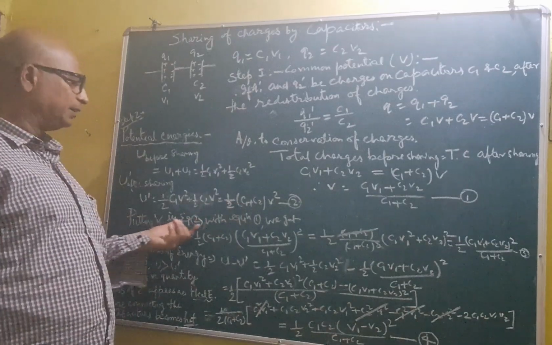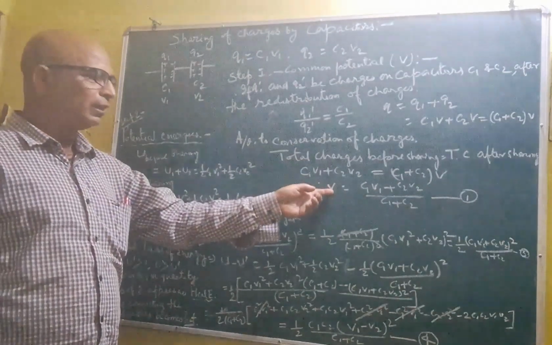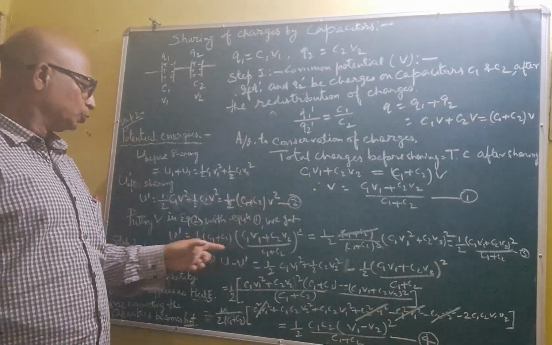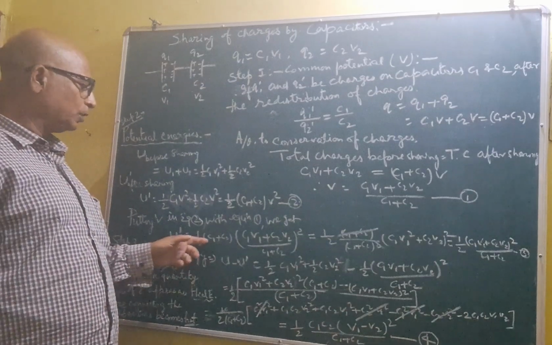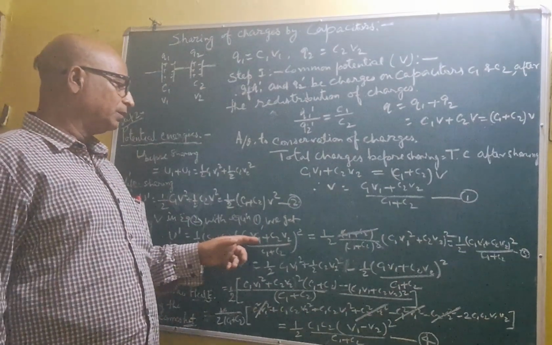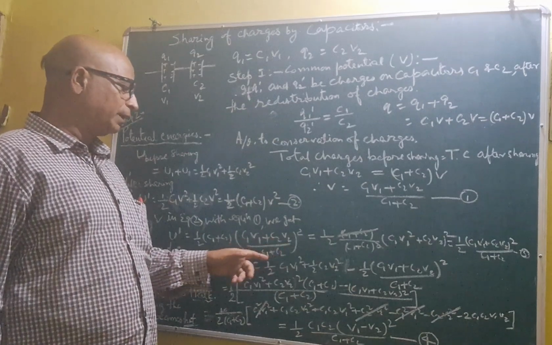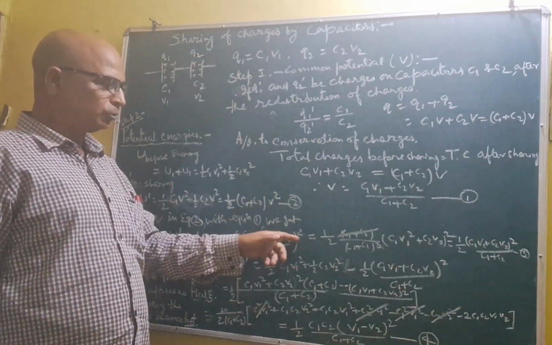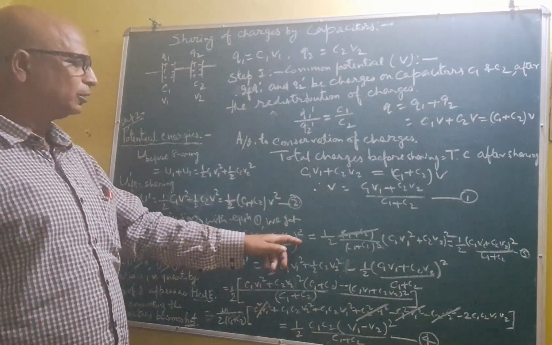Putting V in equation 2 with the help of equation 1, U dash is equal to 1 by 2 C1 plus C2 into the value of V, that is C1 V1 plus C2 V2 divided by C1 plus C2, whole square, because V square is the whole square.